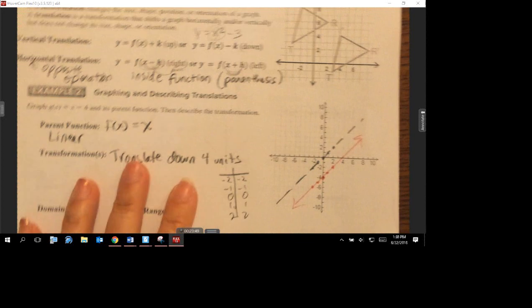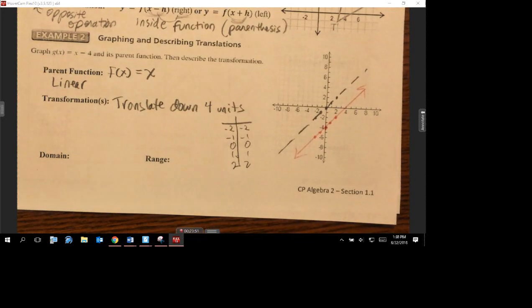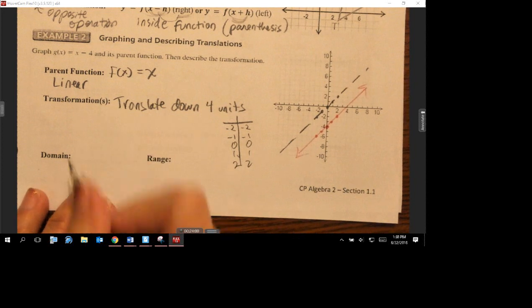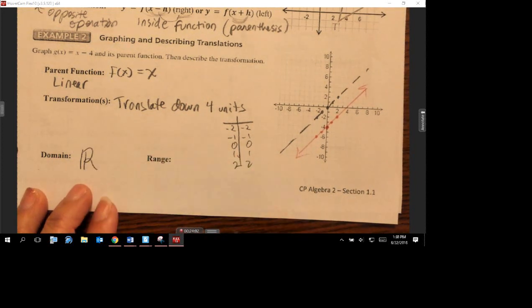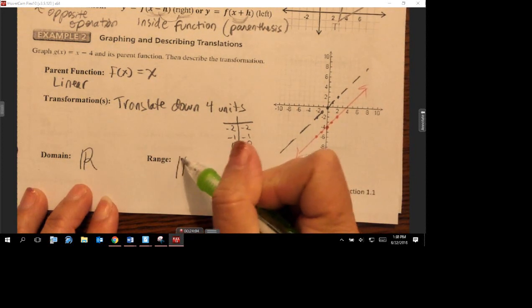And that one would be the solid line. We're just transforming each dot down 4 units. That's how easy it is. It asks for domain and range, so left to right is all real numbers. Up and down is also all real numbers.